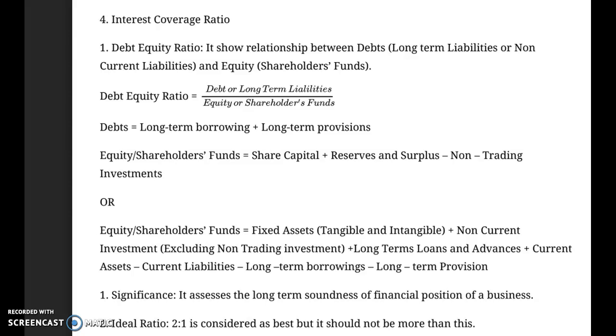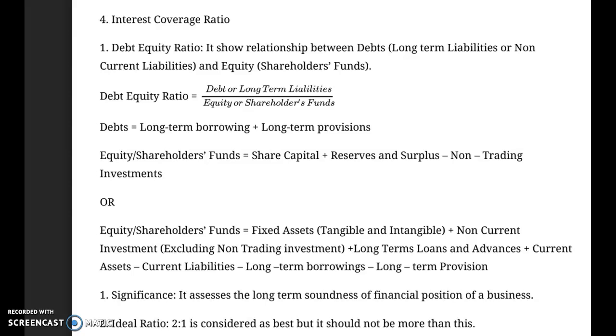Or if we want to calculate from the asset side, we can also calculate equity shareholders fund from the asset side, and it includes fixed assets, that is tangible and intangible. Fixed assets include both tangible as well as intangible assets. Then non-current investment excluding non-trading investments, long-term loans and advances, current assets minus current liabilities minus long-term borrowings minus long-term provisions.